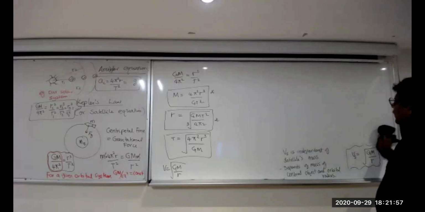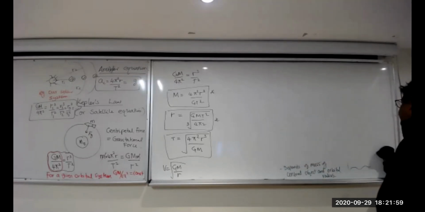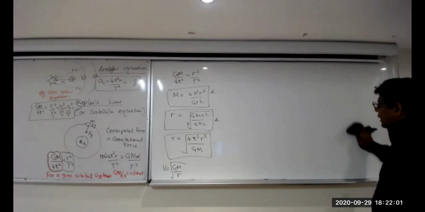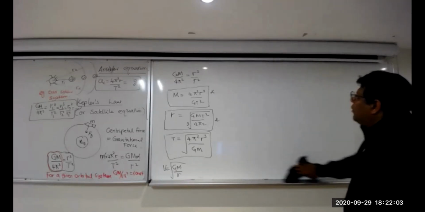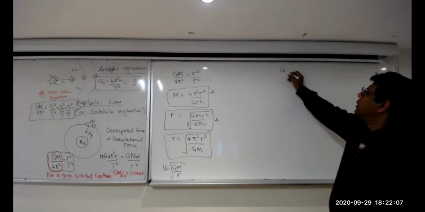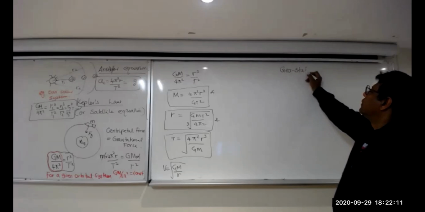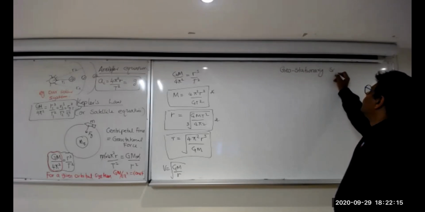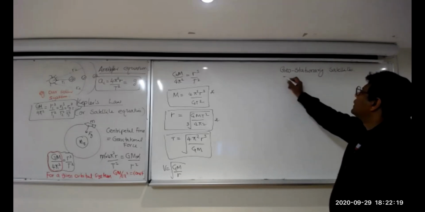There are geosynchronous satellites, but we cover year 12, we use geostationary satellites. That means they have to orbit around the equator.